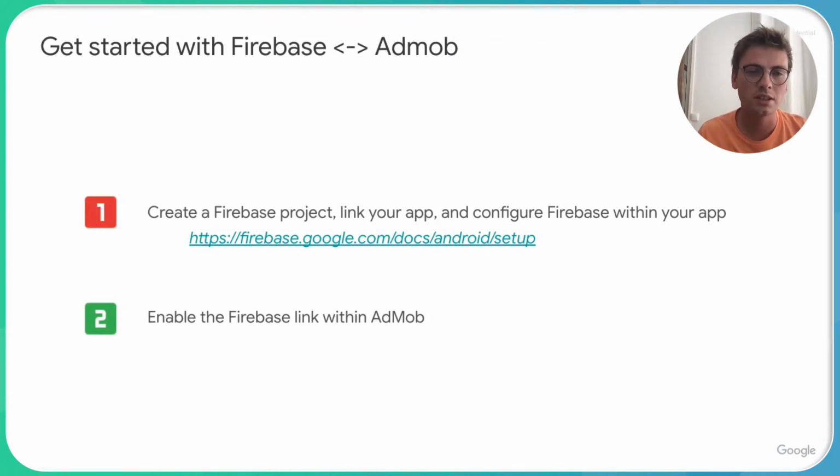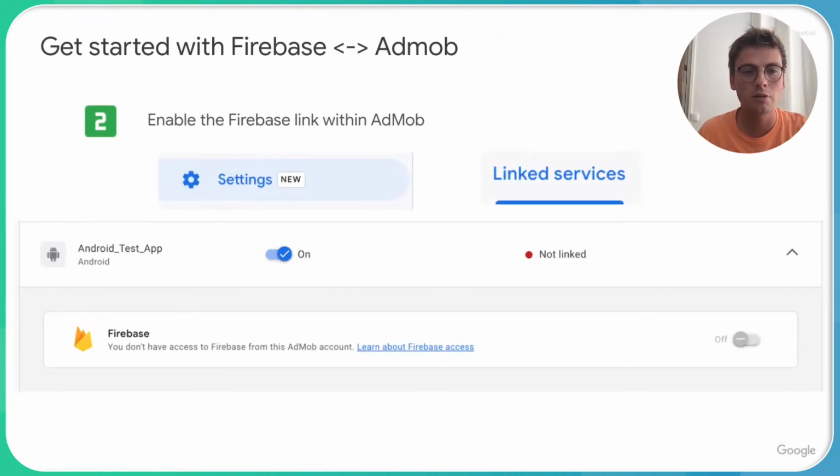The second step is a bit faster and also really critical, because if you do only the first step, you only have a Firebase project and an Admob project, and they don't communicate together. You actually need to go into Admob and enable the link with Firebase. You do that by going into the settings part of the UI.